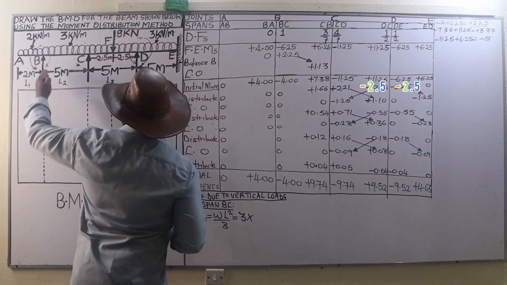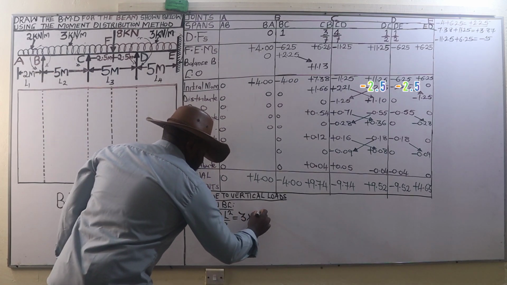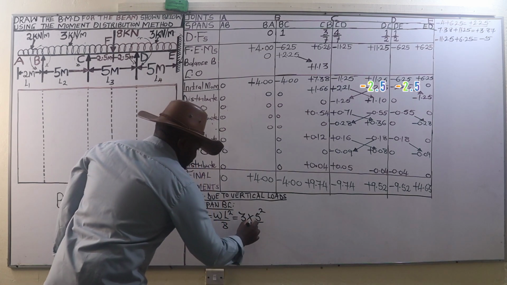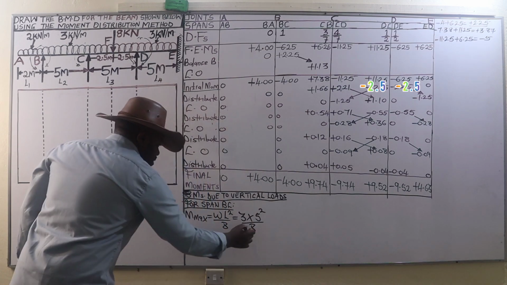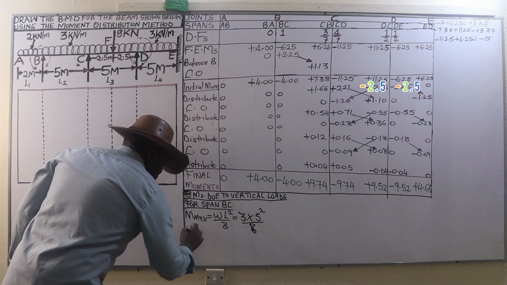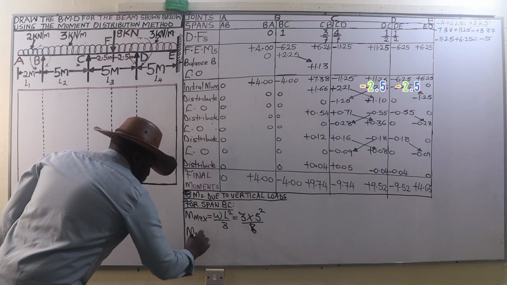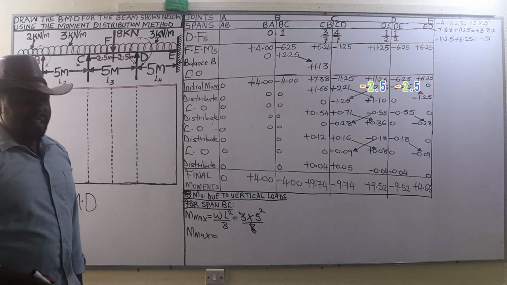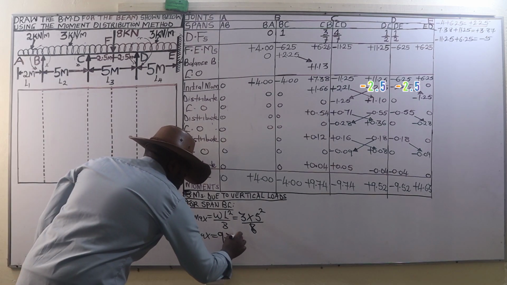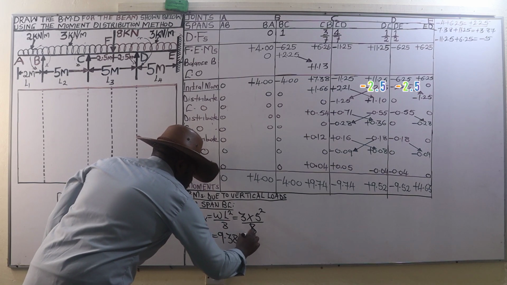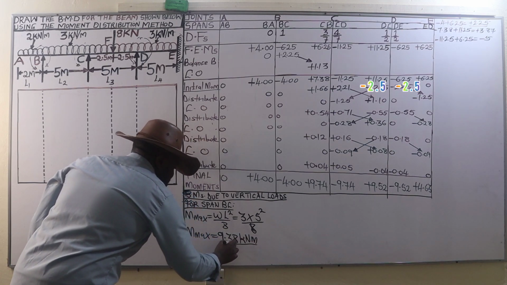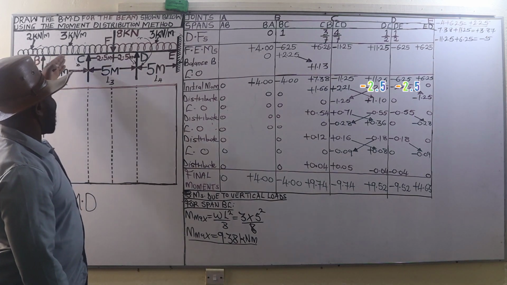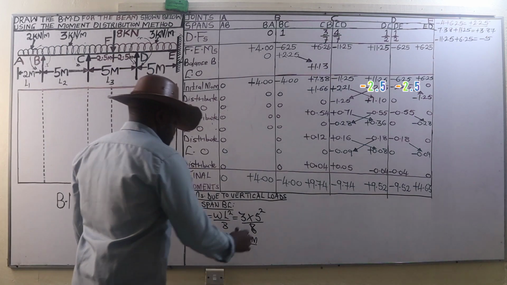The span B to C is 5 meters, therefore that is 5 squared, and then we divide this by 8. And when we do so, we are going to get a maximum bending moment of 9.38 kilonewtons meter. So that is the maximum bending moment for the span BC.